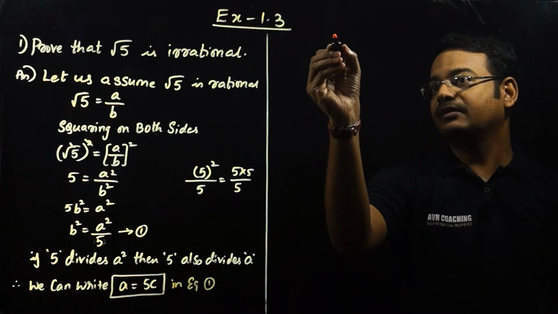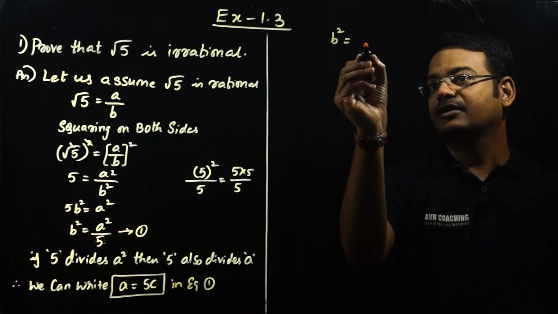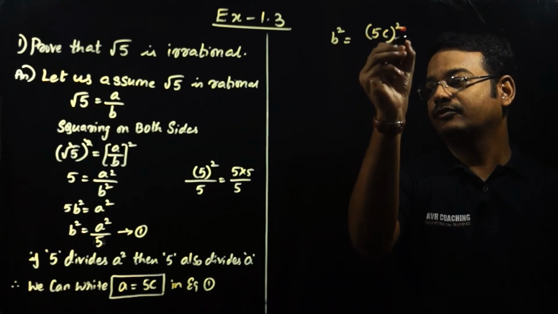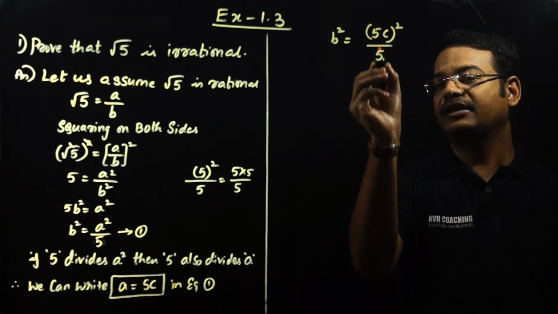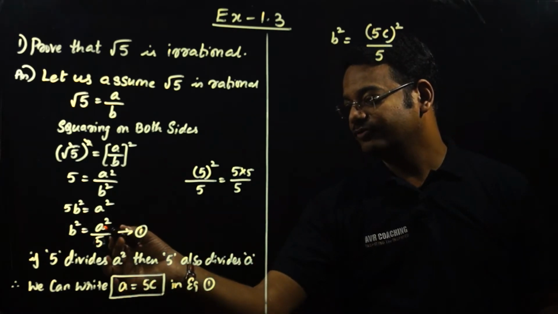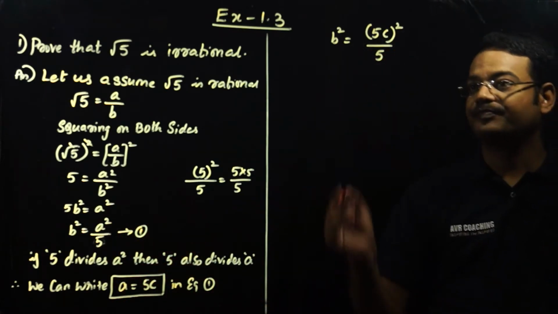Therefore, b square is equal to 5c whole square by 5. So here we are substituting a equal to 5c, therefore this becomes 5c whole square by 5.